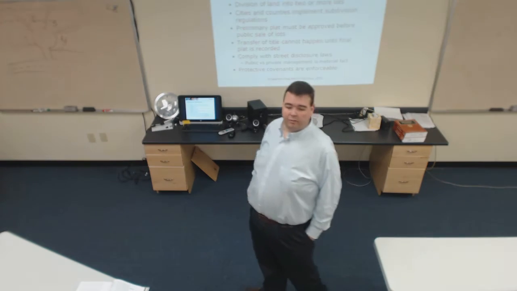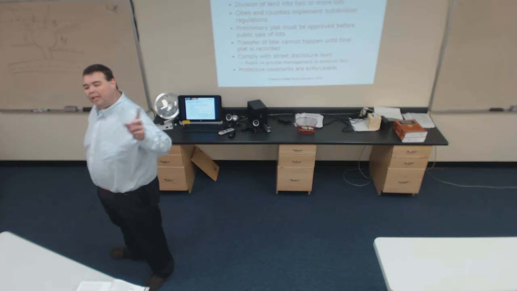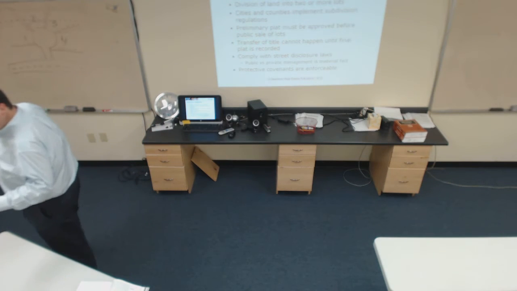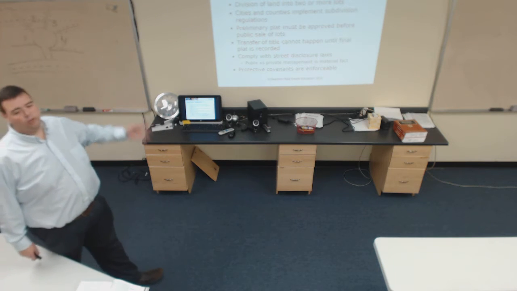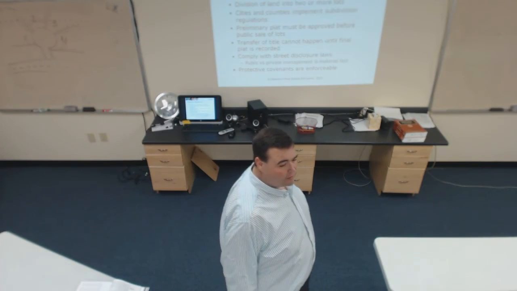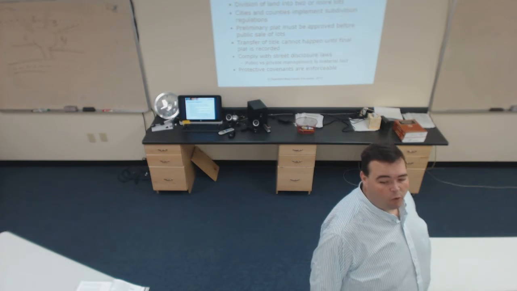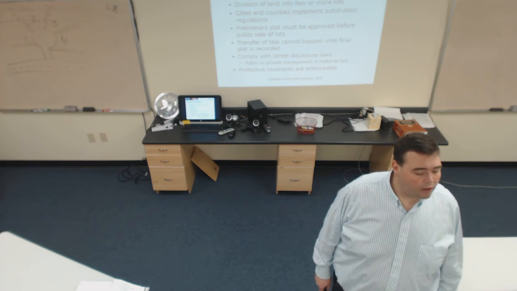What kind of plat? That word is important. Preliminary. Preliminary plat map has to be approved and recorded. What does the word preliminary mean? Before you start building. Before you start building stuff, right?